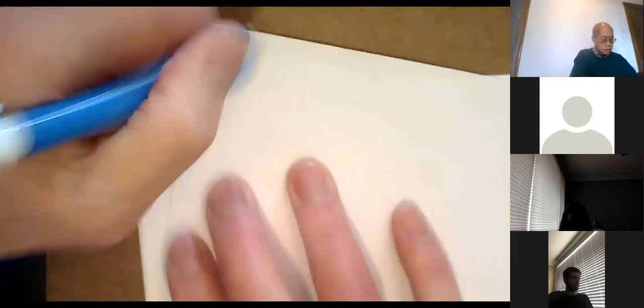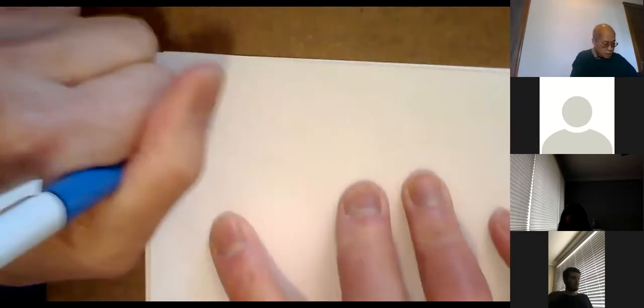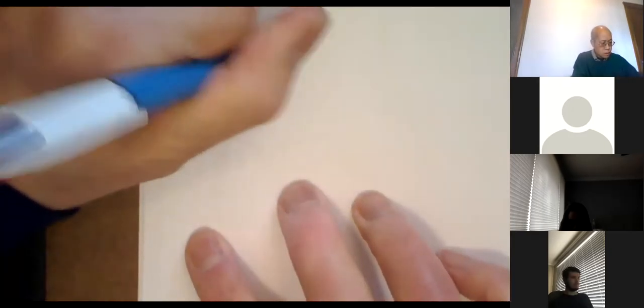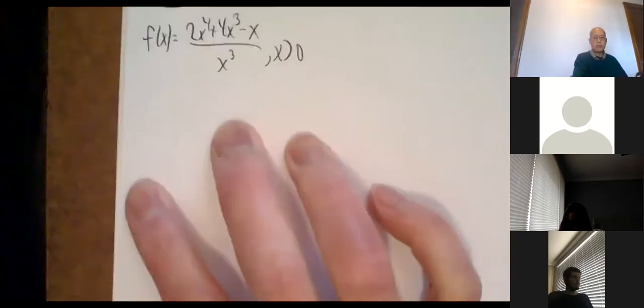All right, so back to 4.9, number 21. f(x) equals (2x to the fourth plus 4x cubed minus x) all over x cubed, x greater than 0.